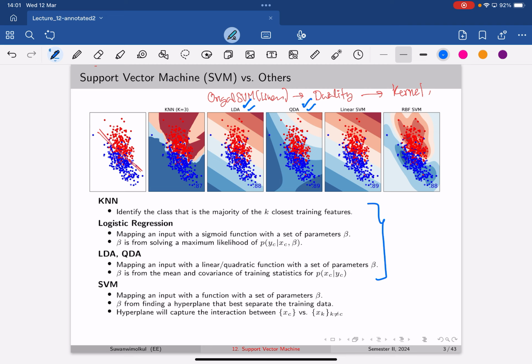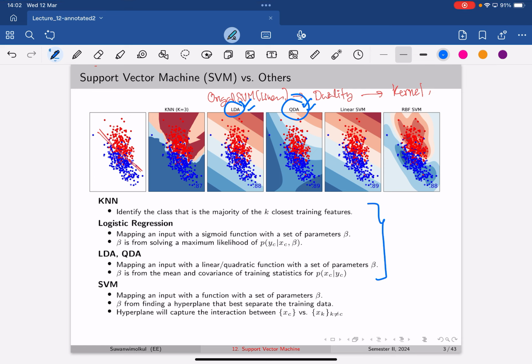So if you remember, naive Bayes, LDA, QDA are actually the same type of algorithm, where you start with the posterior distribution, and then you assume that distribution could be Gaussian, Bernoulli, multinomial, whatever. LDA and QDA assume Gaussian distribution.